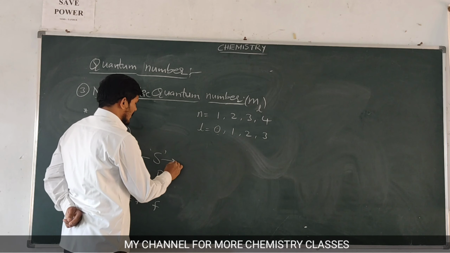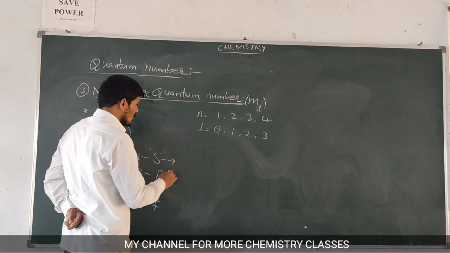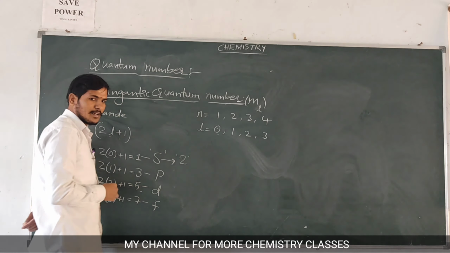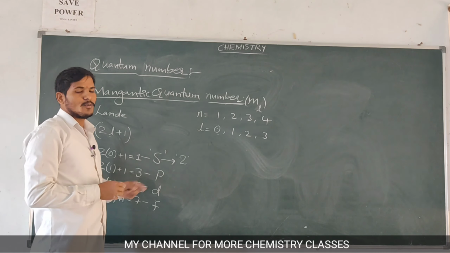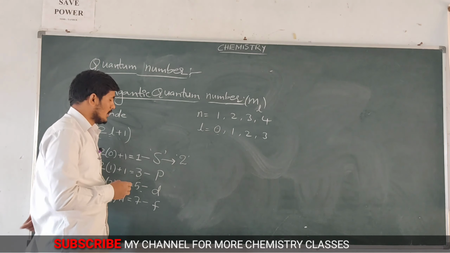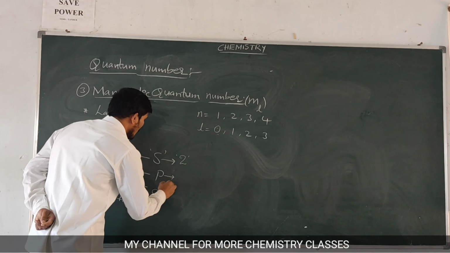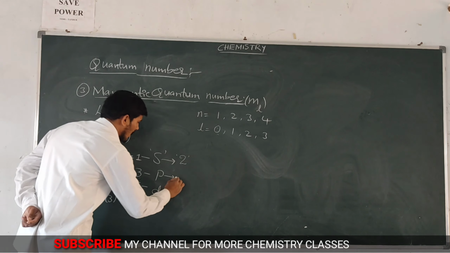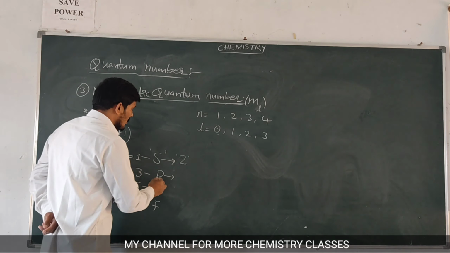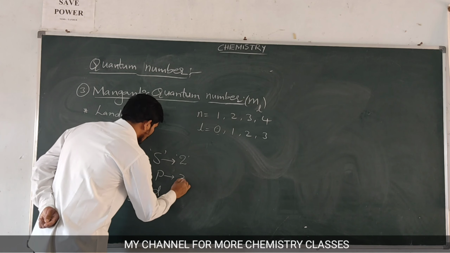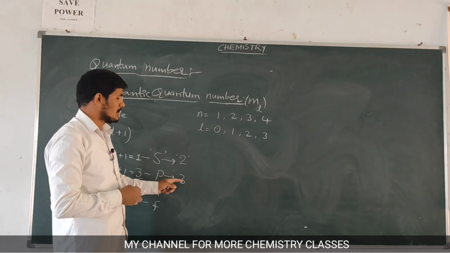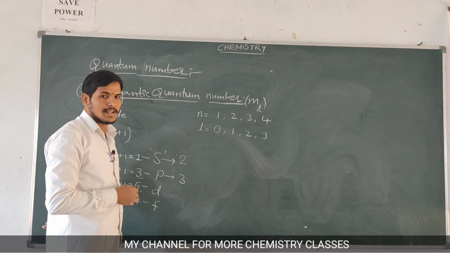The S subshell gives accommodation to a maximum of only 2 electrons, because it has only one orbital. The p subshell has 3 orbitals, so it gives accommodation to 6 electrons.